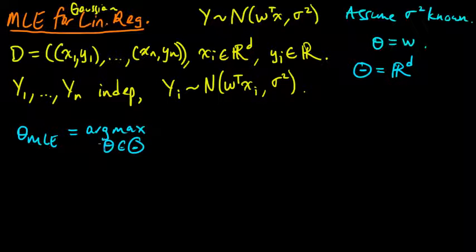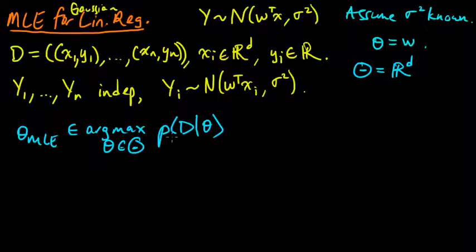So the MLE is a value which maximizes the likelihood, the probability of the data given theta. To be a little more precise, because it's not necessarily unique, usually people think of this as a set rather than just a value. So to be more precise, we want to find a value in the set of maximizers.